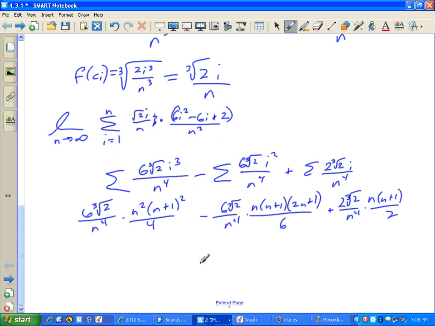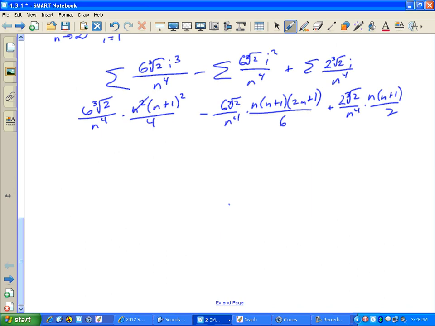Alright, so let's reduce a little bit before we start simplifying. Those two n's will cancel. I can reduce this to 2, and that makes this a 3. These 6's will cancel. This n will cancel one of these and make that a cube. This n will cancel one of these and make it a cube.